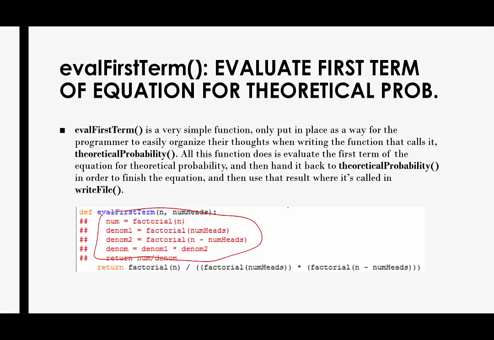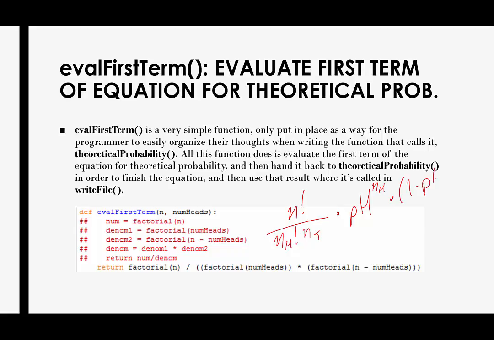This function is doing the math for the number of combinations times probability of heads to the number of heads, times 1 minus probability of heads to the number of tails.